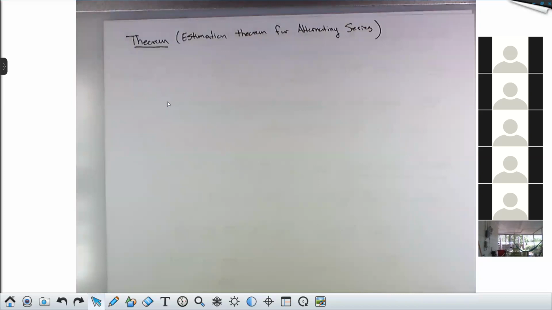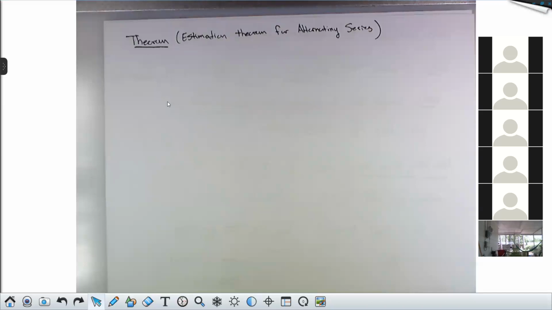So no doubt, you've noticed that most series, we have no idea what they add up to. The so-called sum of the series is very hard to discern from the terms. We can always look at the partial sums, but it's very hard to say in most cases how far off the partial sum is from the actual series itself, from the full value of the series.